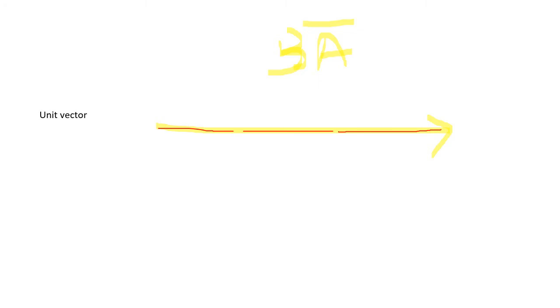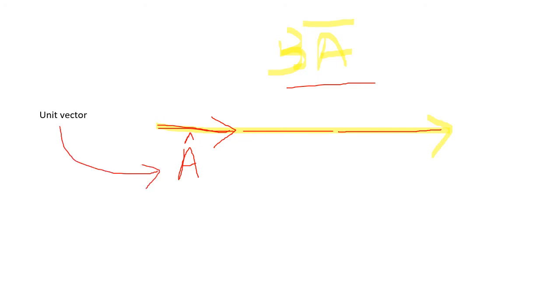Fine. So let us consider this vector. This vector is also in the direction of your 3a vector. And how much will this component be? This component will be 1 unit. So it will be simply a vector. Fine. So this will be your unit vector.